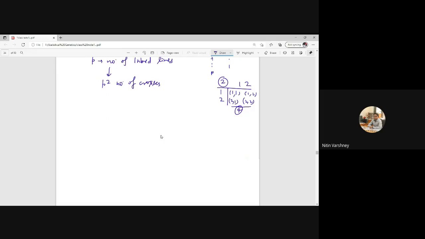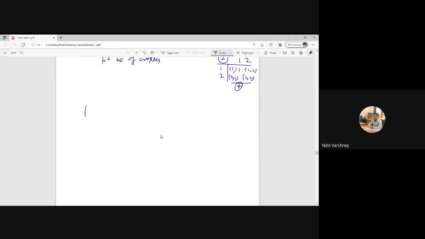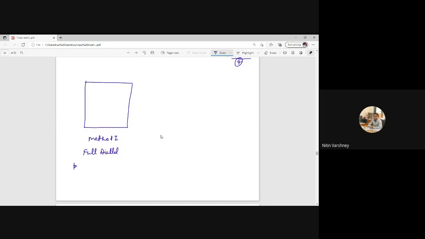Okay, now there are 4 methods of Griffing. First one, method 1, is known as full diallel. Here the total number of crosses will be P square, it means all possible crosses will be there.